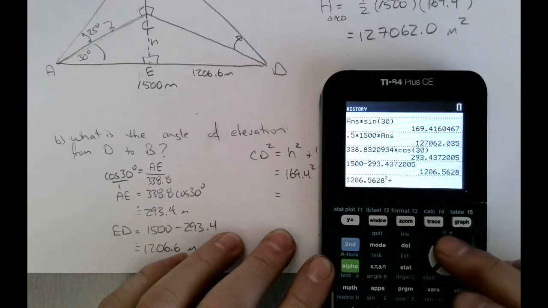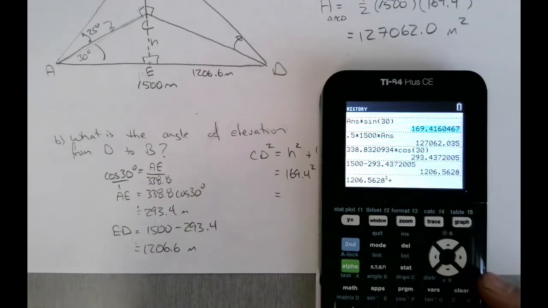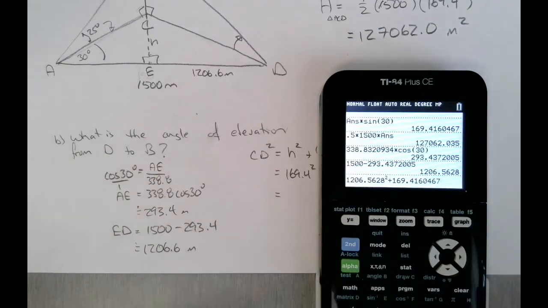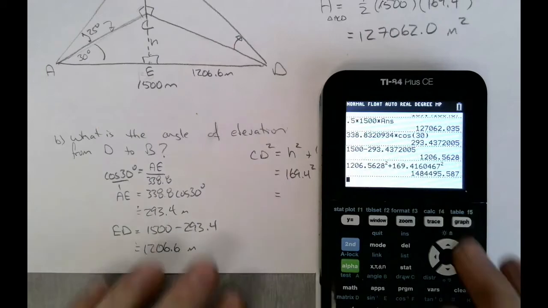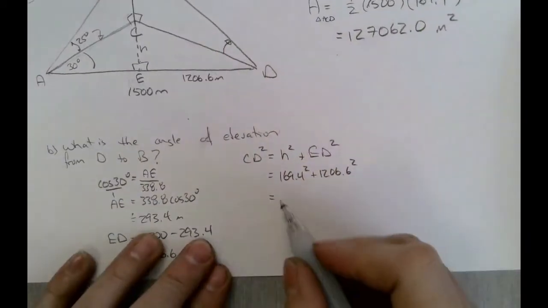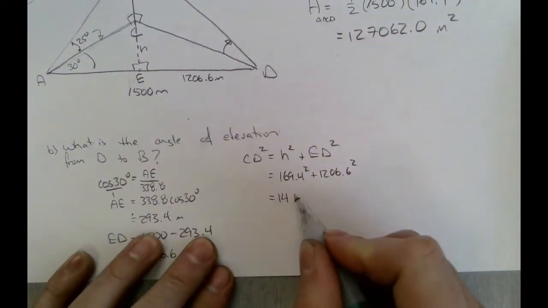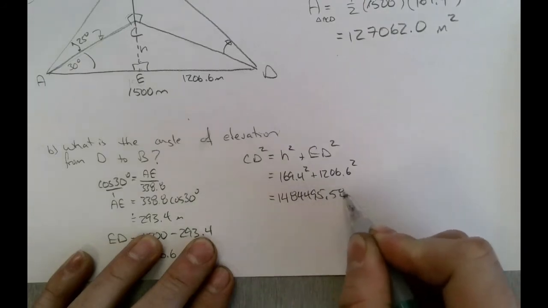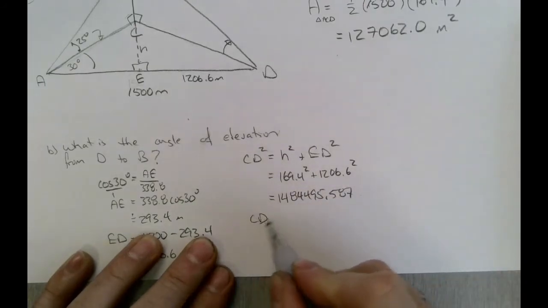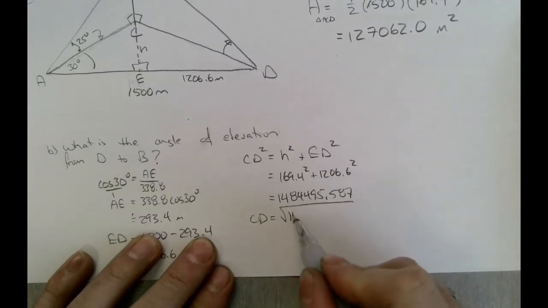Plus, and then I'm going to go back up and again, I'm trying not to round here until the very end. I'm going to let the calculator put as many decimal places in there as I can. And I'll round at the very end. So I'm going to square those two, add them together. And I get this crazy big number. So CD squared is going to equal 1484495.587, and it goes on for a little bit. So CD is going to be the square root of that.